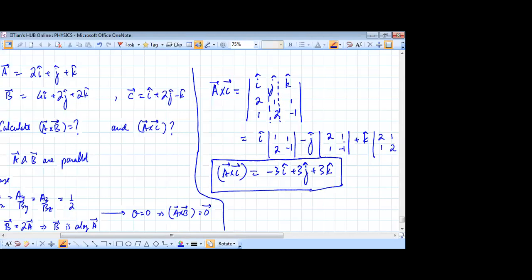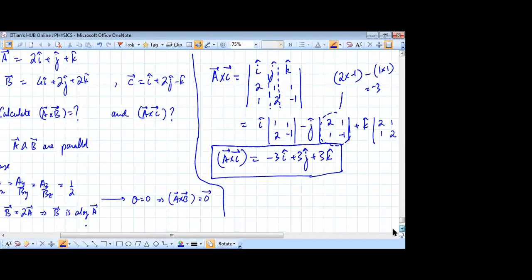So 2, 1, 1, minus 1. Okay. So now this determinant becomes how much? It becomes 2 into minus 1, minus of 1 into 1. So it becomes minus 3. And there's already minus sign outside, so that's how we get plus 3. Is it clear, Yojit? Okay, good. Okay, so this is how we calculate the cross product.